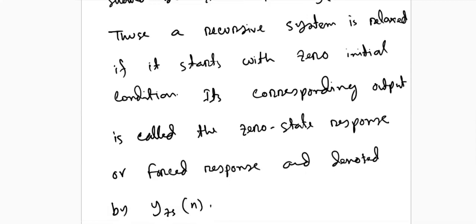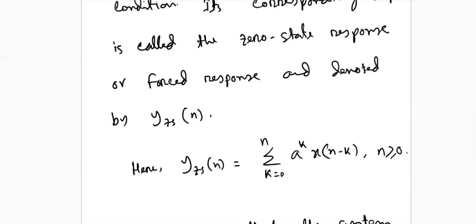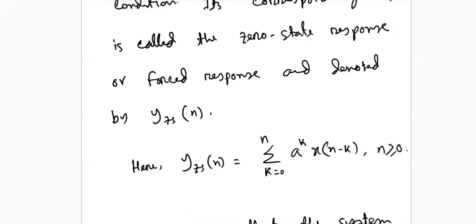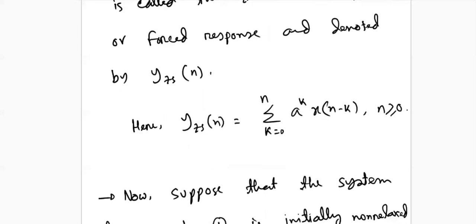Its corresponding output is called the zero state response or forced response and denoted by y_zs. In this case, y(-1) is supposed to be equal to 0 because we don't have any initial condition. And our zero state response only depends on the input values, not on the initial condition.